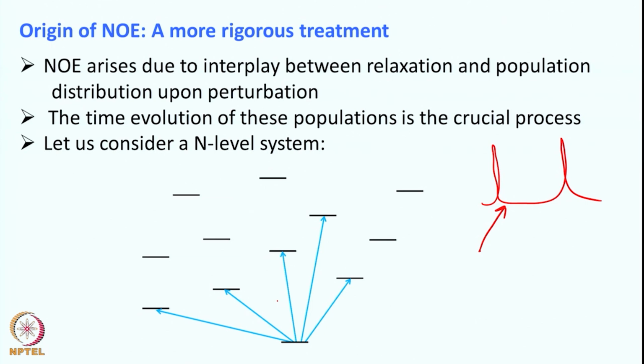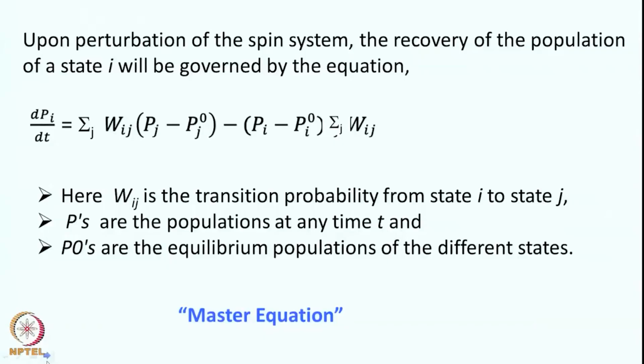Let us look at what happens upon perturbation, so that we can understand the origin of the NOE phenomenon. For NOE, perturbation is very important. The recovery of the population of any state i will be governed by the following equation.